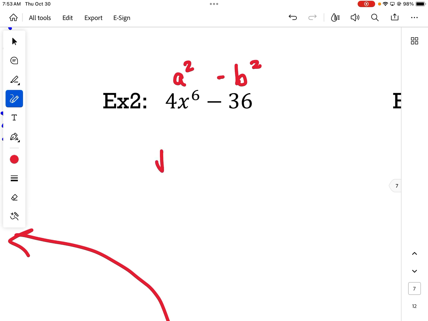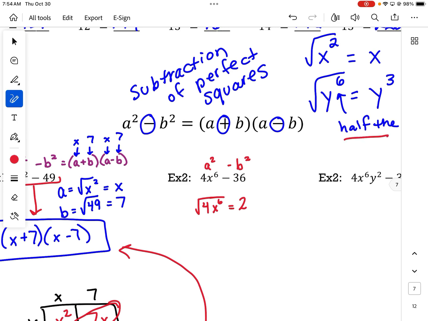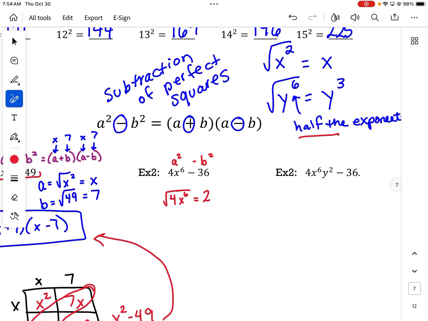So I'm going to take the square root of 4 and the square root of x to the 6th. So the square root of 4 is 2. And then when we take the square root of x to the 6th, we just take half, right? That's what we wrote up here. Half of that exponent. So it's to the 6th, it'll be to the 3rd.